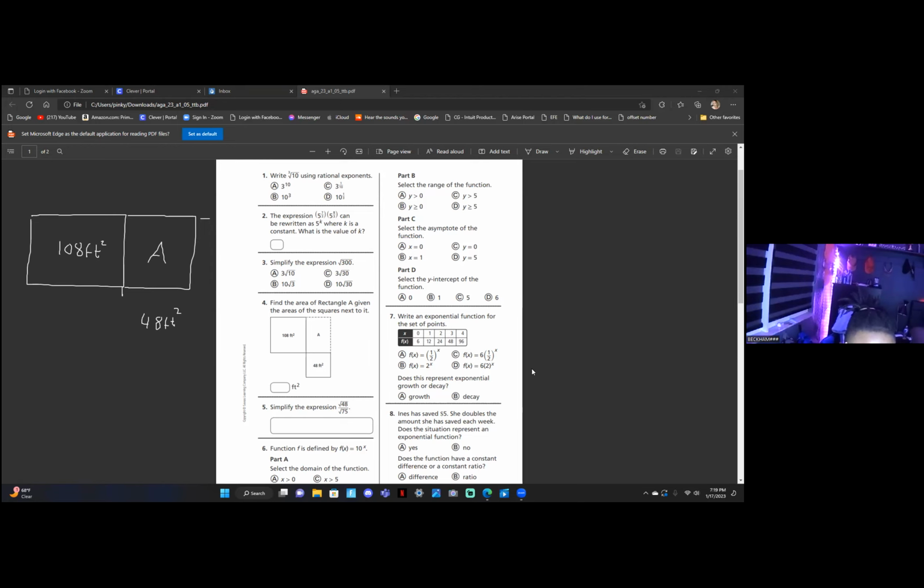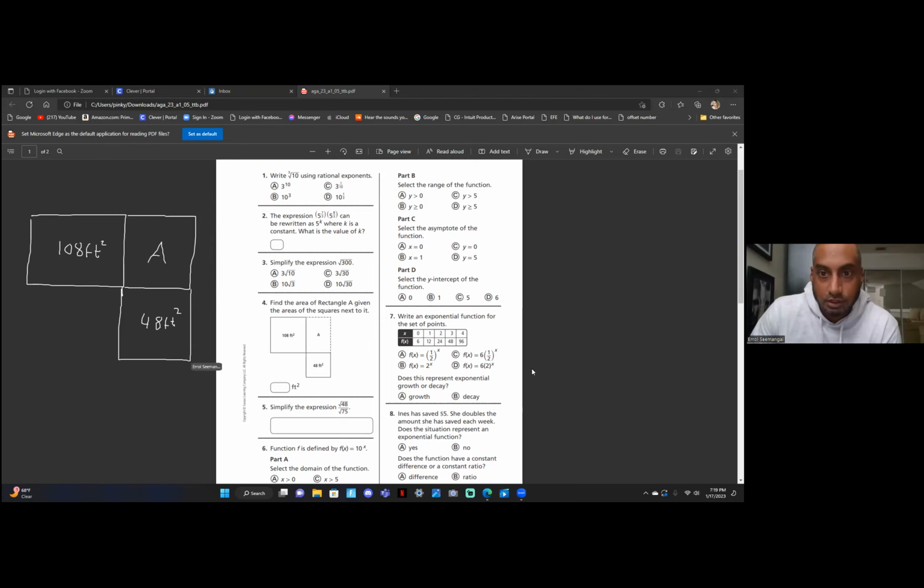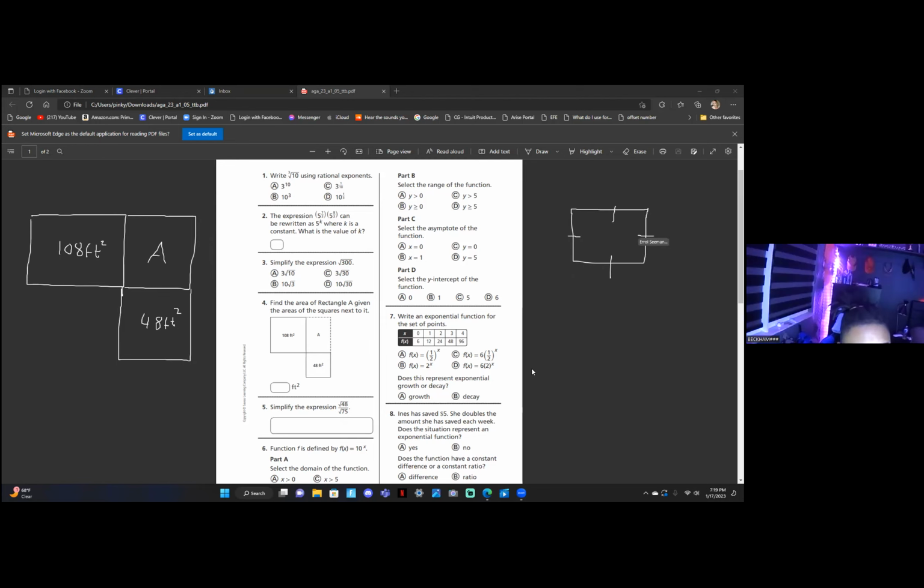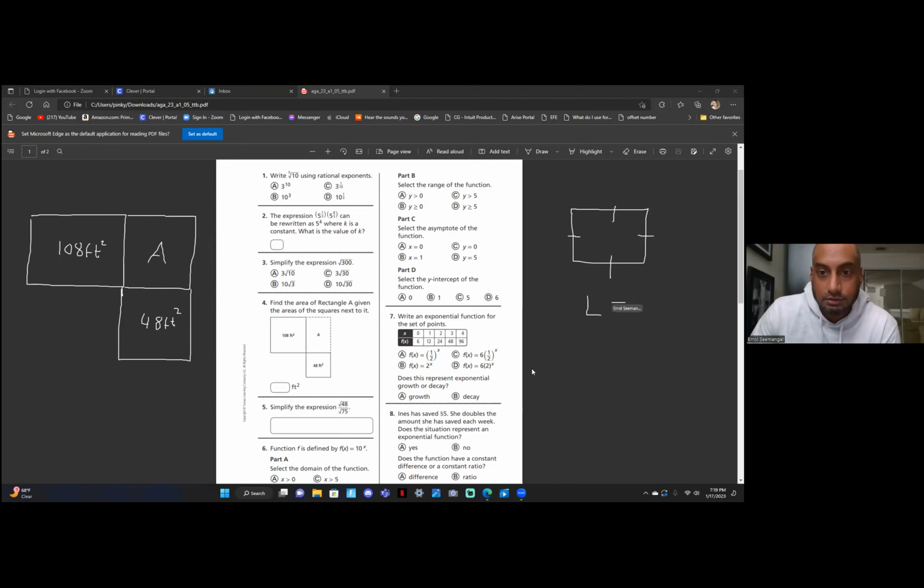The length equals the width. So if this distance equals this distance and this distance equals this distance, what are those two distances?